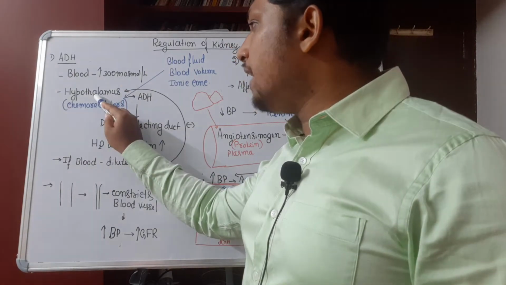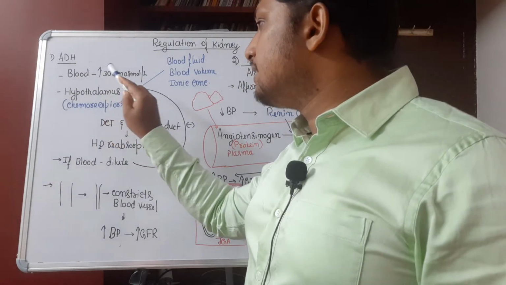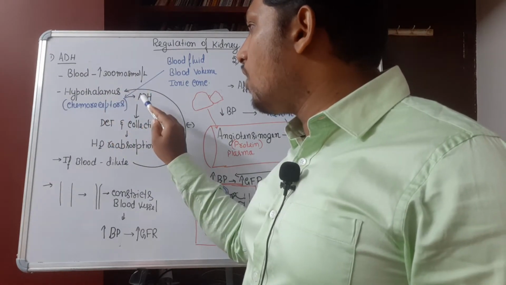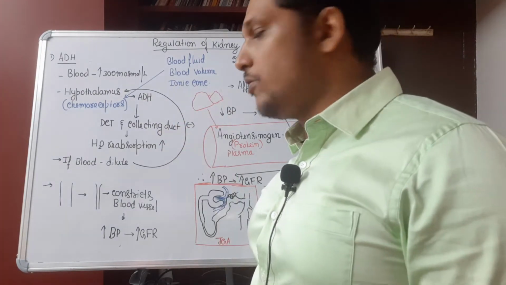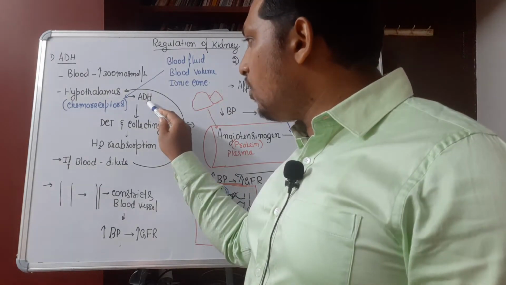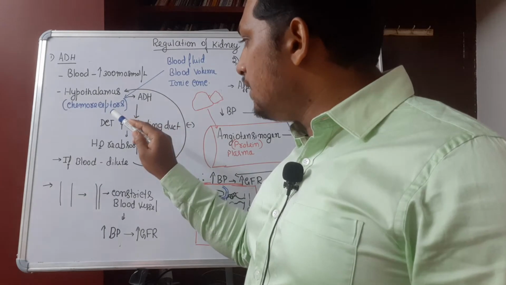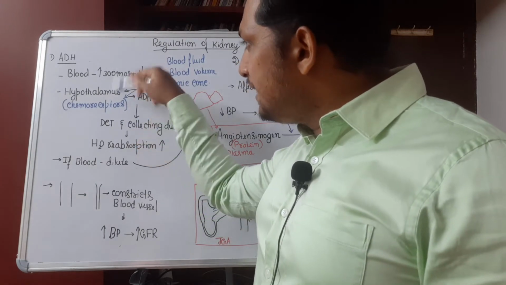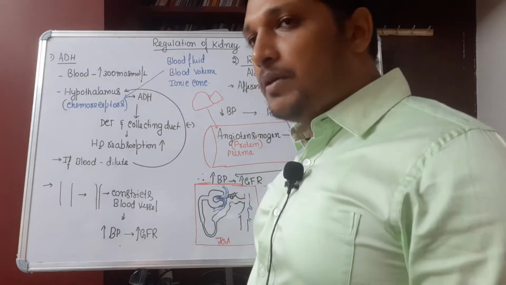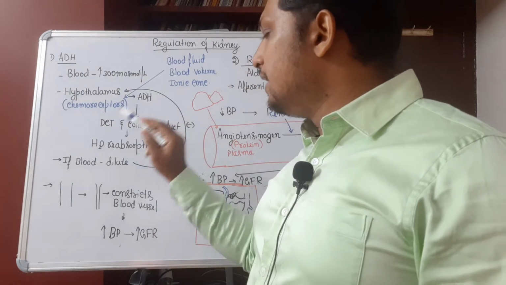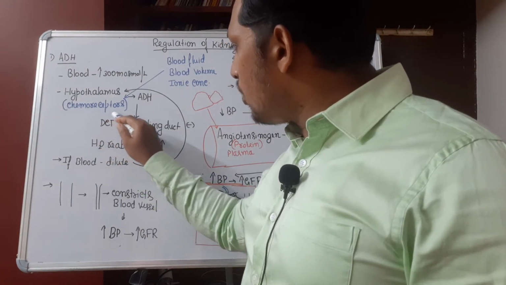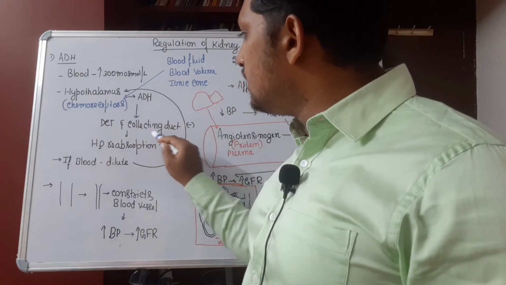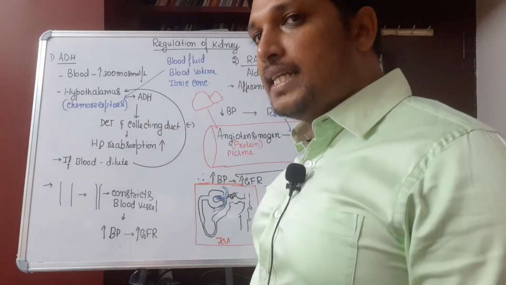In response to that, the hypothalamus secretes a hormone called antidiuretic hormone through the posterior pituitary. Antidiuretic hormone will try to decrease the concentration of the blood which has increased by reabsorbing more water from the DCT and collecting duct.